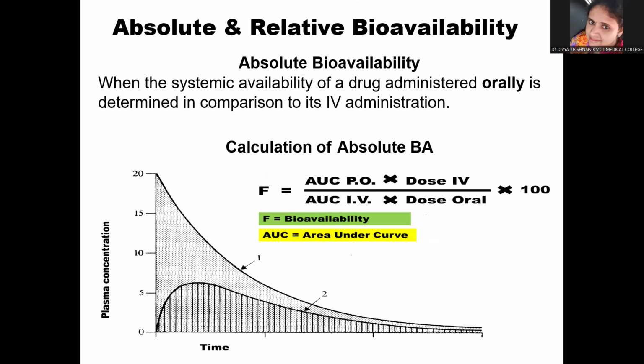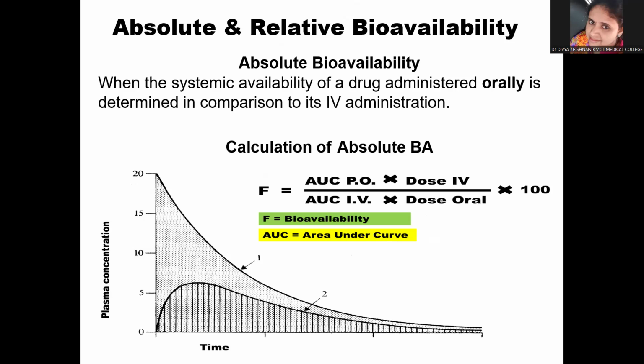For example, if I say the absolute bioavailability of drug A is 95%, this means that if you give the drug by the oral route, 95% of the drug is reaching the systemic circulation in the unchanged form. But if I say that drug B has an absolute bioavailability of 5%, it means that when you give that drug by the oral route, only 5% is reaching the systemic circulation, which means there is no point in giving that drug by the oral route.